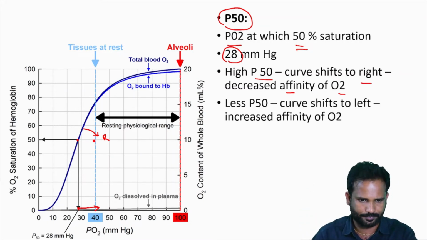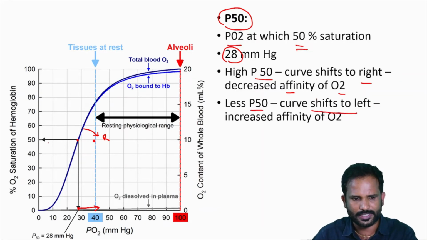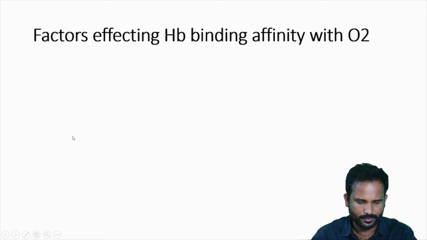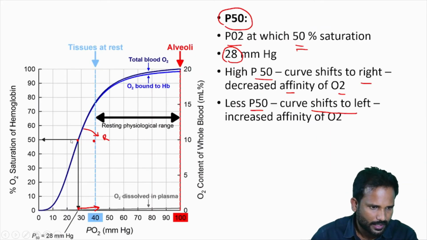And if the P50 is low, you can see the curve is shifting to the left. So let us think that P50 is around 20, and you can see here the curve shifted to the left.